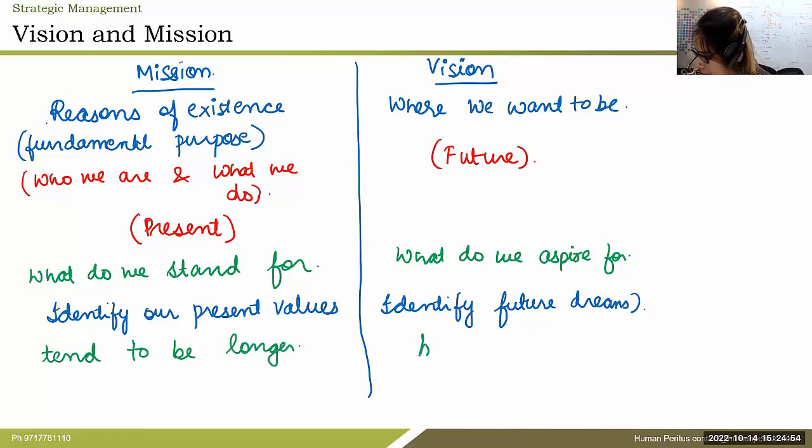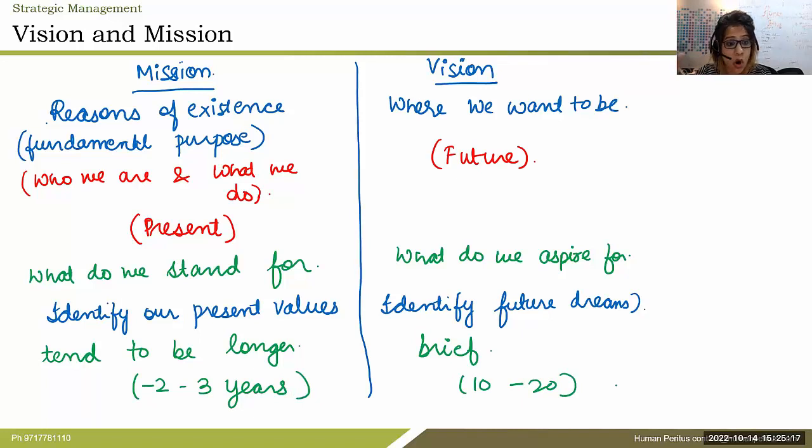Vision statements are brief. And like I said, one mission accomplished, second mission accomplished, third mission accomplished. So see, you are taking a short period of time. So mission is generally for like 2 to 3 years. But a vision is for like 10 years, 20 years. The organization's 20 years vision is that they want to be the fastest or the quickest service providers. This is our vision.